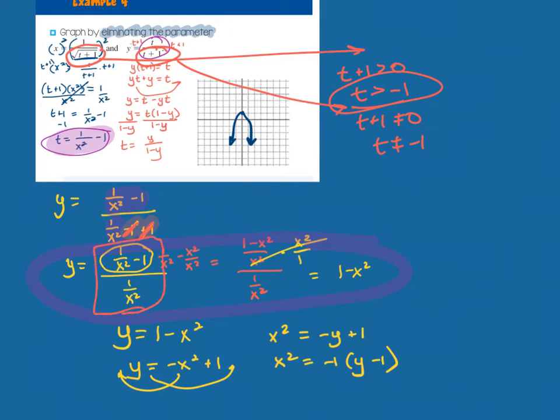And that's this step. And then I gave the numerator a like denominator, so I had to change 1 to be something over x squared, which is x squared over x squared. And I get this, which is 1 minus x squared over x squared. Take the bottom, bring it to the top, but flip it. The x squared canceled. And then I got just 1 minus x squared. So y equals 1 minus x squared, and then I just moved it around and put it in standard form.